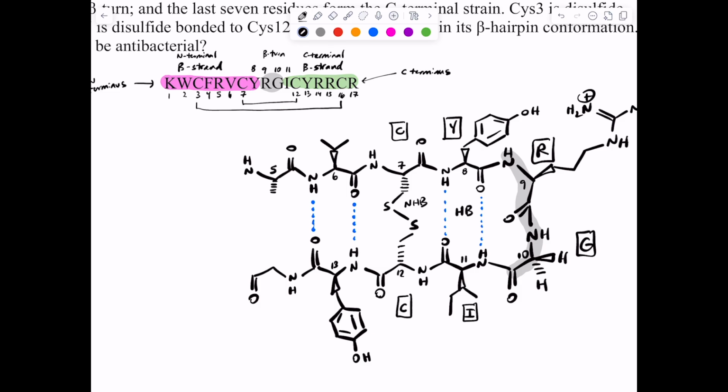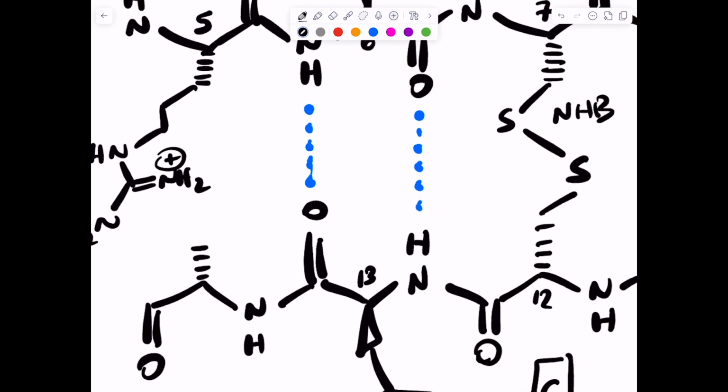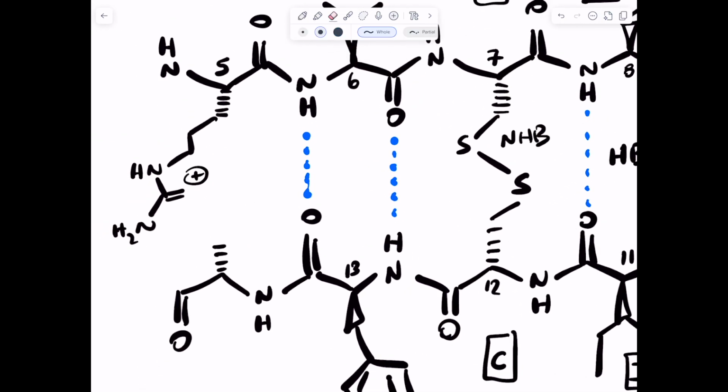These two arginine side chains should be pointing towards the middle of the space between the two turns. Alpha, beta, gamma, delta, and then the guanidinium group. Drawing this is going to be tricky. We're sort of going to run out of space, so you may have to draw it kind of small. I don't really like my small letters, so I'll try again. Neater. Alpha, beta, gamma, delta.